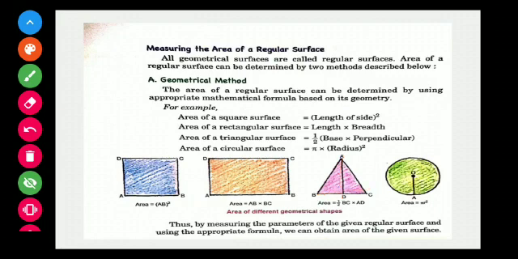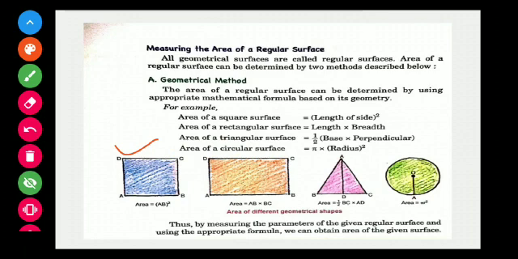Last is area of circular surface. This is your circular surface, and area of circular surface is equal to pi into square of radius, that is pi r square. This is your radius of circle, and area of circle is pi r square. So, with the help of the geometrical method, we can easily determine the area of a given geometry with the help of mathematical formulas.